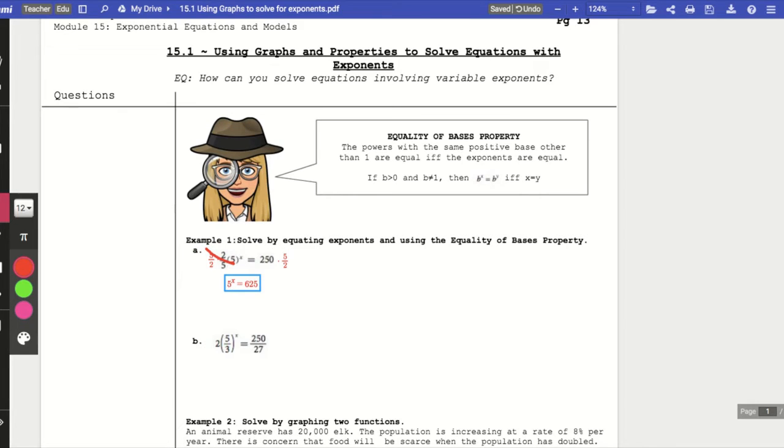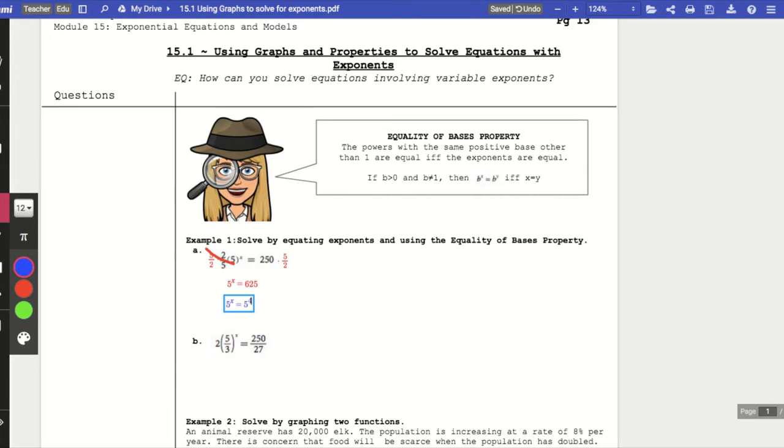If I think about 5s, 5 times 5 is 25. 25 times 5 is 125. And then 125 times 5 is 625, which is kind of cool because that's to the 4th power. So 5 to the x power is equal to 5 to the 4th power.